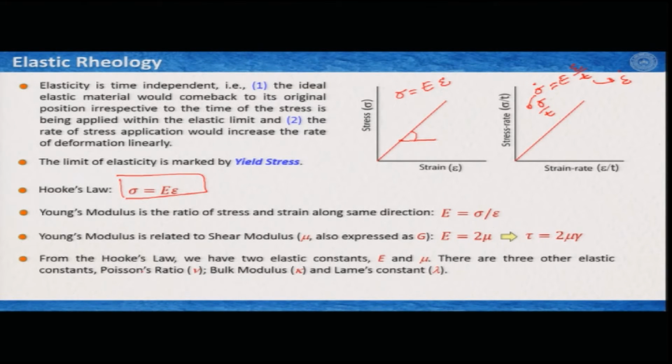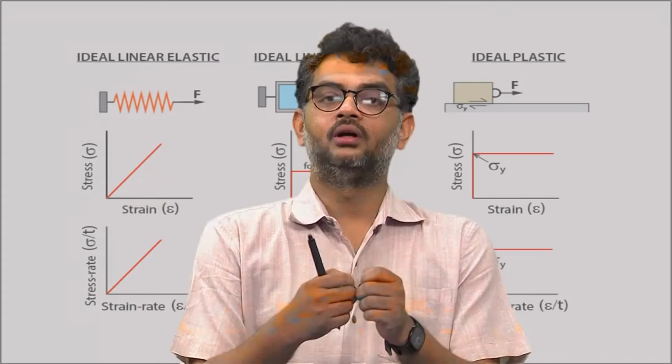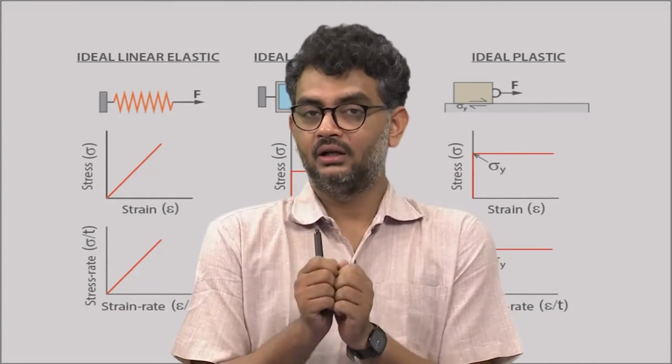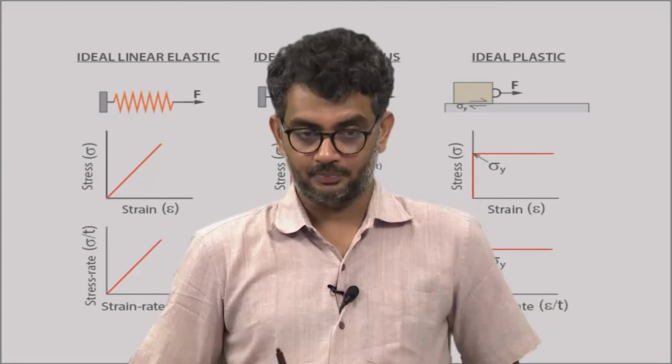Young's modulus therefore is the ratio of stress versus strain along the same direction. That is important: you cannot measure stress in one direction and strain in another direction, divide them, get a ratio and say this is my Young's modulus. That is wrong. You have to measure them along the same direction.